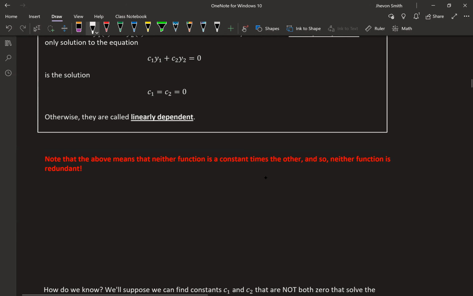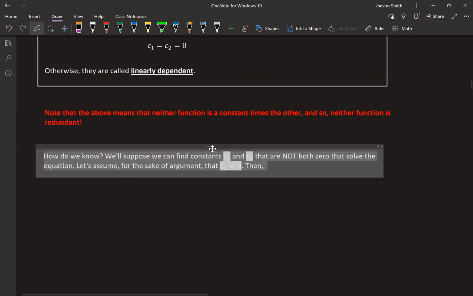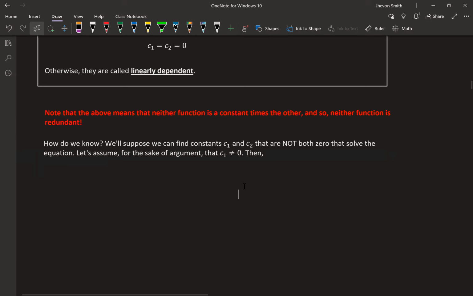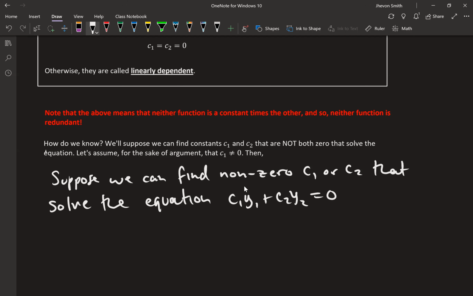How do I know? Well, let me show you how we know that if that definition holds, I don't have redundant solutions. Well, suppose we can find a non-zero C1 or C2 that solve the equation C1y1 + C2y2 = 0.